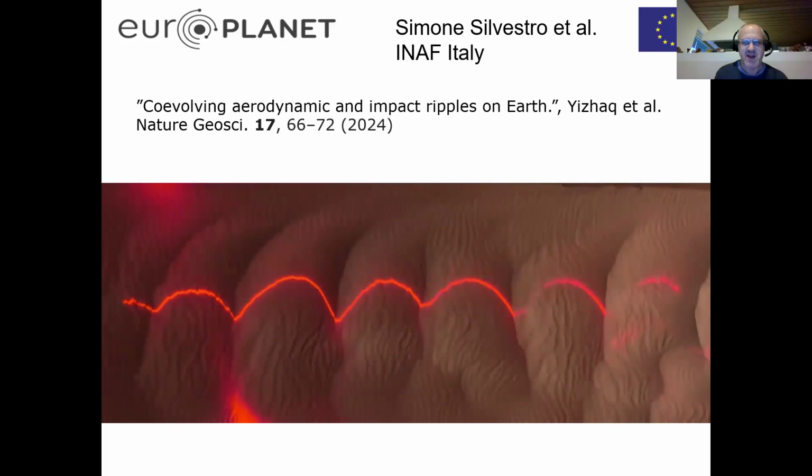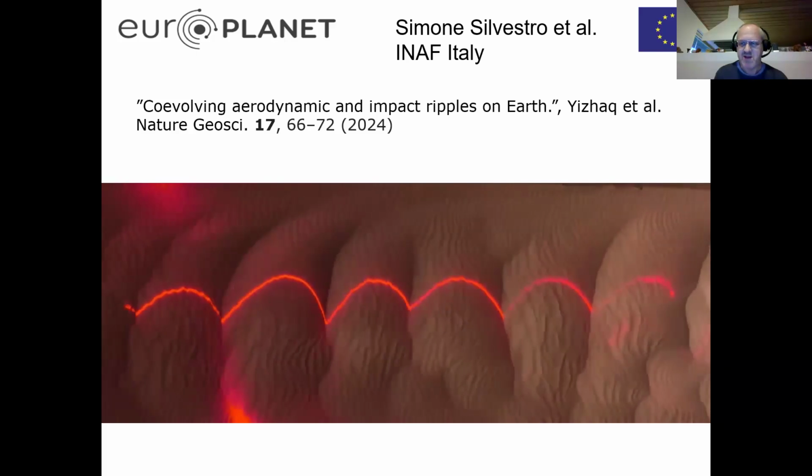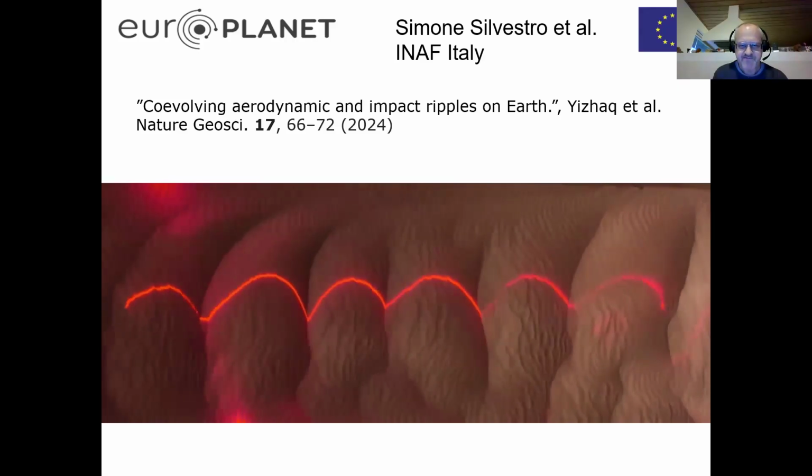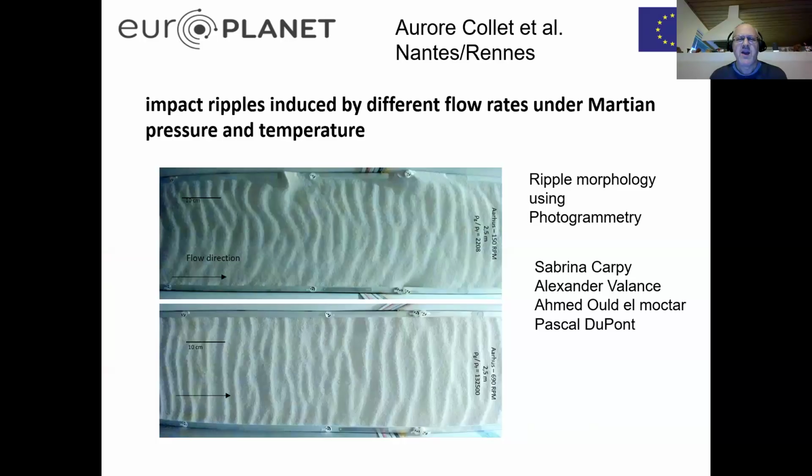There's a more recent publication from a group in the States studying these aerodynamic ripples. Aurora Colette was a PhD student of Sabrina Carpi from Nantes in France. They used a technique which a lot of our visitors have used called photogrammetry.